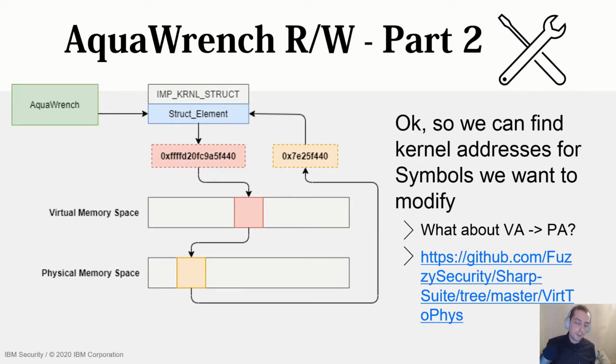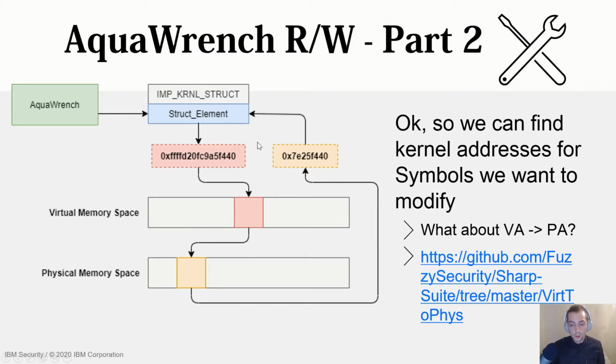And then AquaWrench will parse that memory until it finds some structures that describe the translation from virtual to physical memory. And once it finds those structures, it can plug in the address we got in red, and through some pointer math, we can get back this yellowy orange address, which is the physical address of that value.